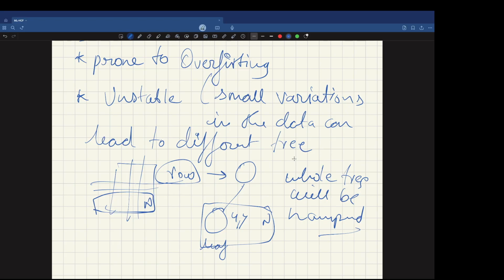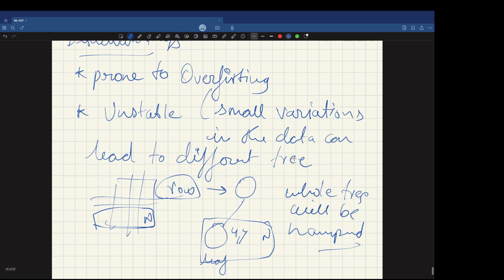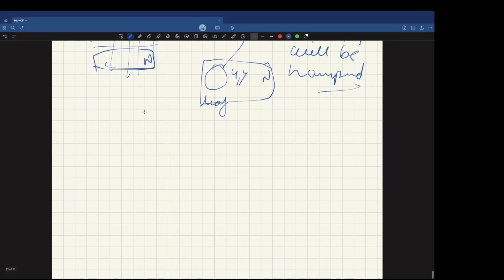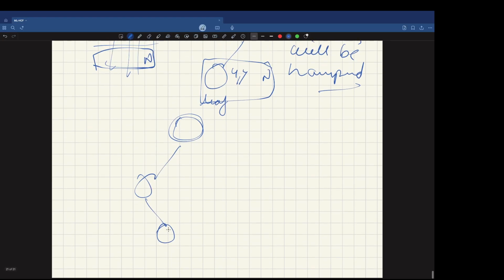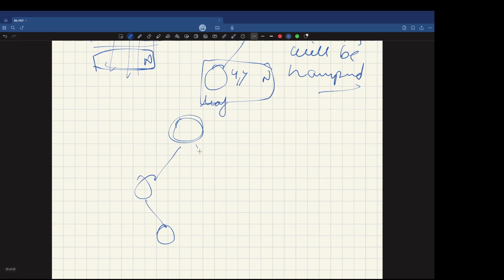Again, we discussed being prone to overfitting. How? For example, let's say you have 4 features: 4 yes, 0 no; 0 yes, 3 no; 3 yes, 3 no; 2 yes, 5 no; and 3 no over here.